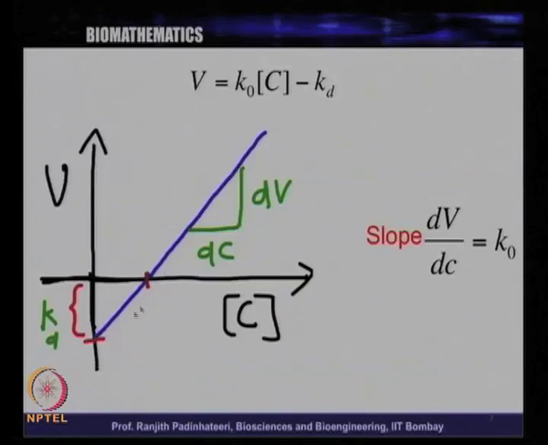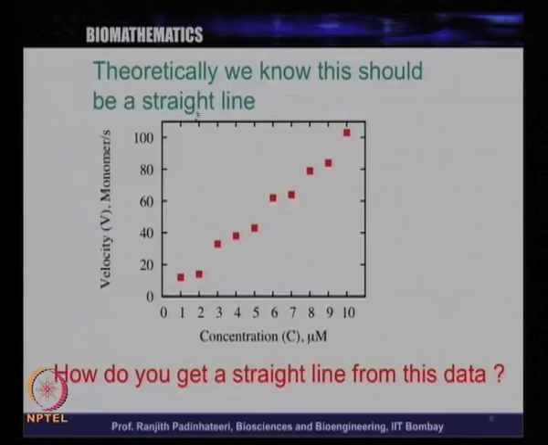From the science, the kinetics behind it, we know that the polymerization kinetics will be a straight line. If you plot V versus C, for every value of C it has to be a straight line, because this is the formula. So, theoretically we expect this to be a straight line.